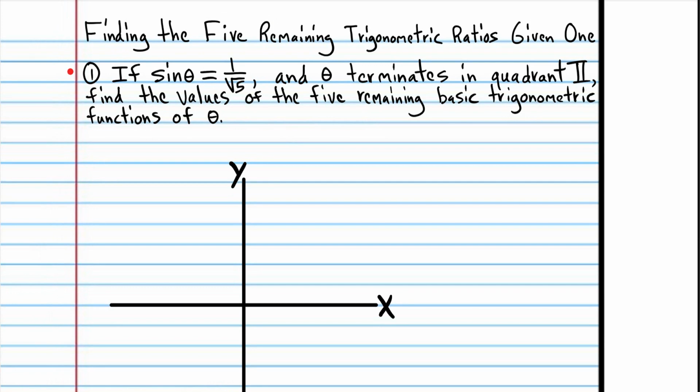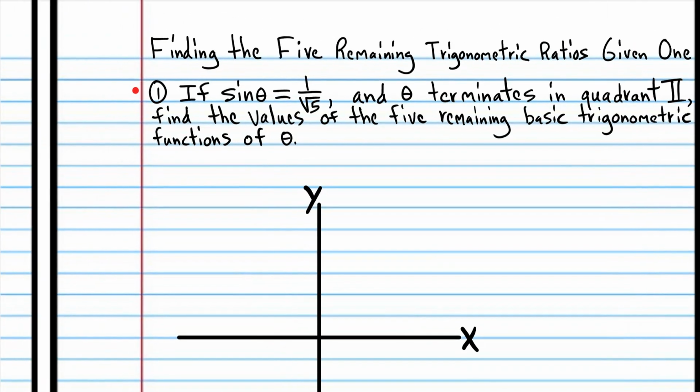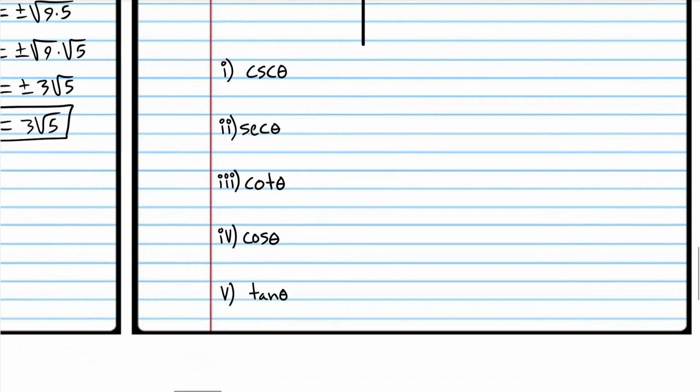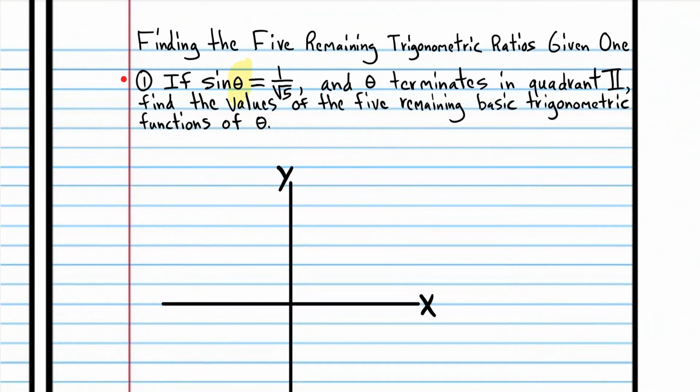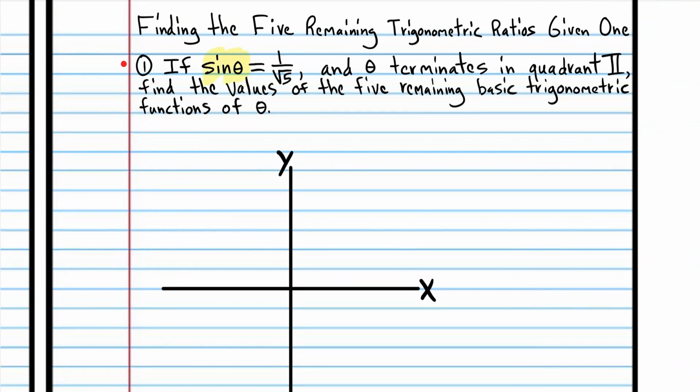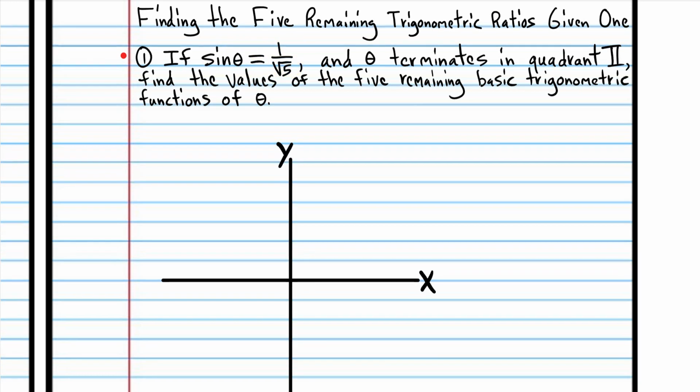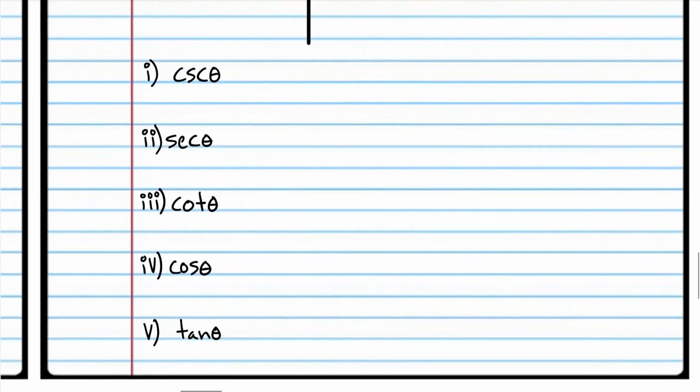Okay, so in these problems, we're given the value of one of the trigonometric functions, one of the 6 functions. In this case, we're given the sine ratio, and we're asked to find all of the other ratios. So we have some angle theta, and we're given the sine value of that angle, and we're asked to find all these other values of that angle.